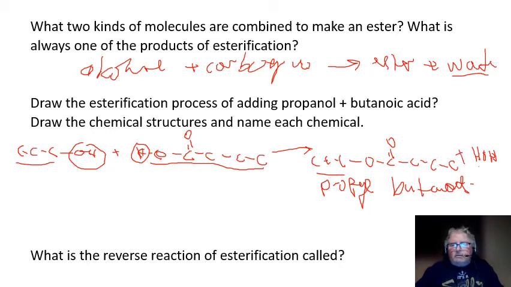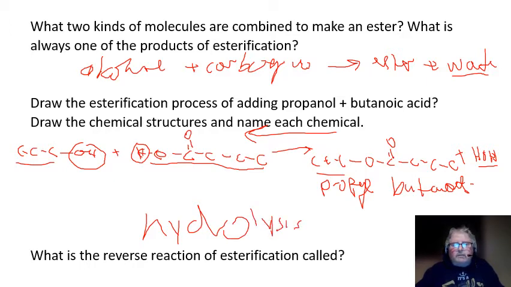So if you add water to an ester, what happens? It breaks into its original components. Okay, and that's called hydrolysis of an ester. And you can look in the notes. I'm not going to do the full lecture here. You can do it on your own.